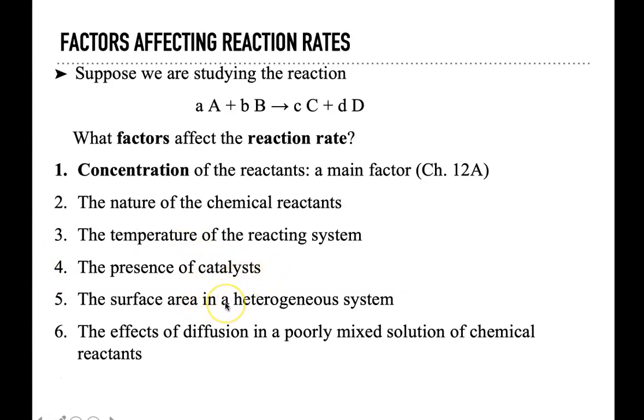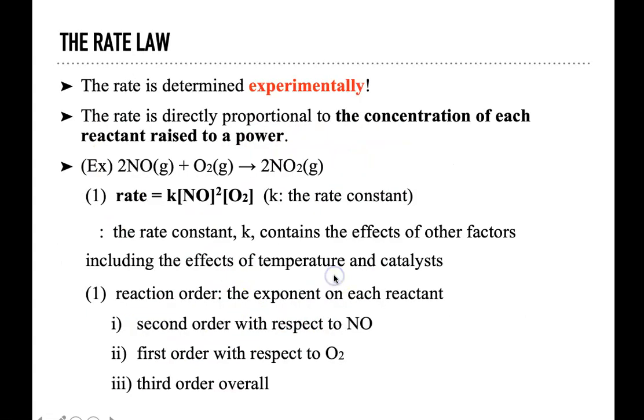Surface area also has a role in a heterogeneous system. When you have solid and gas or solid and liquid together, the surface area of the solid is an important factor. When the reaction is slow, the effect of diffusion, how fast the reaction moves in a given phase, is also a factor. We want to put all of this into a chemical reaction rate.